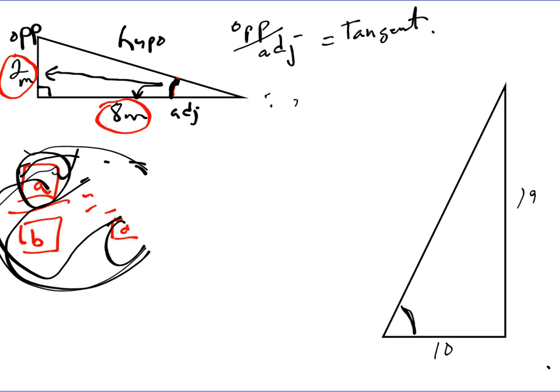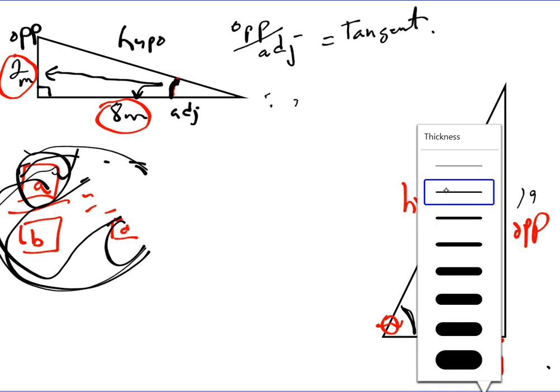All right, so here goes. This must be my hypotenuse, and this must be my opposite because it is opposite the angle. And this must be my adjacent. So I know my opposite and my adjacent, but I have no idea what this angle is. So what are we going to do?